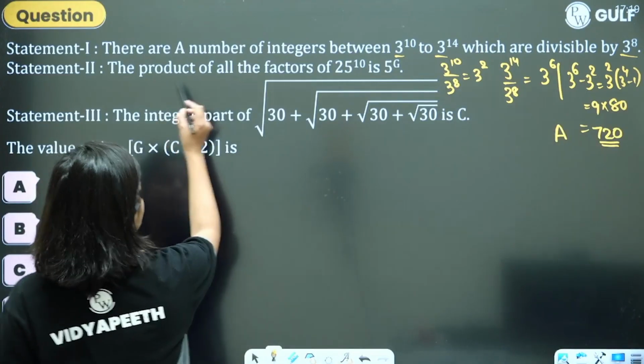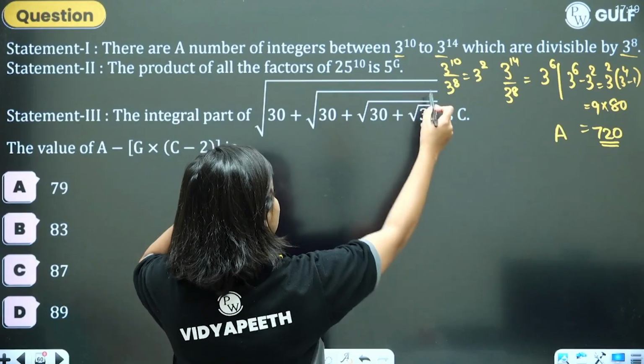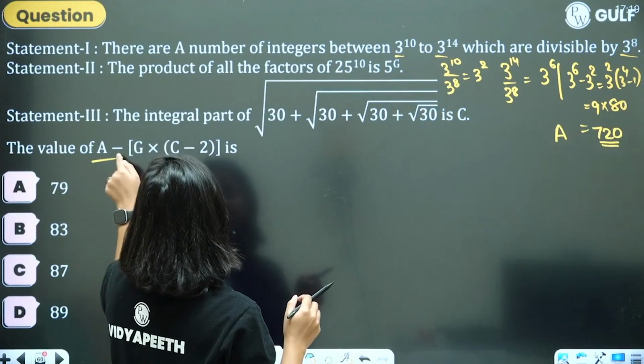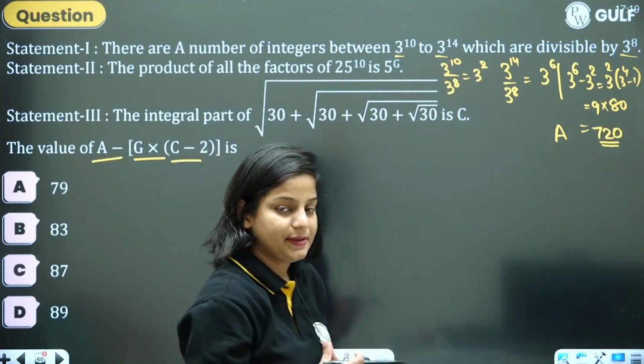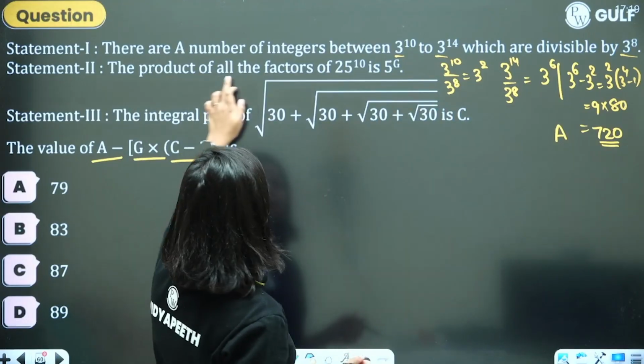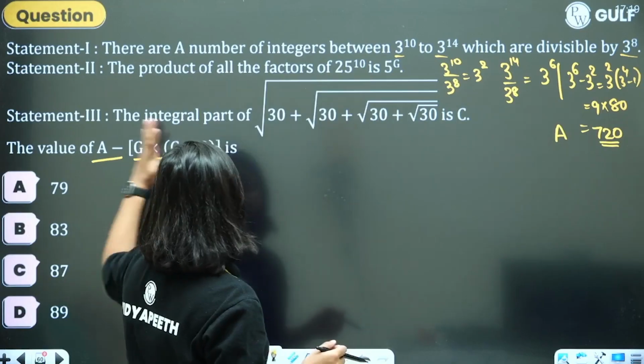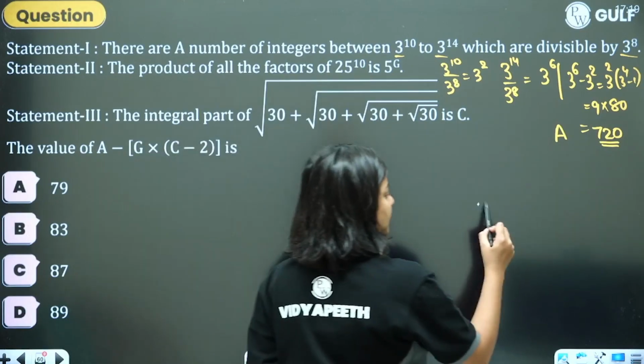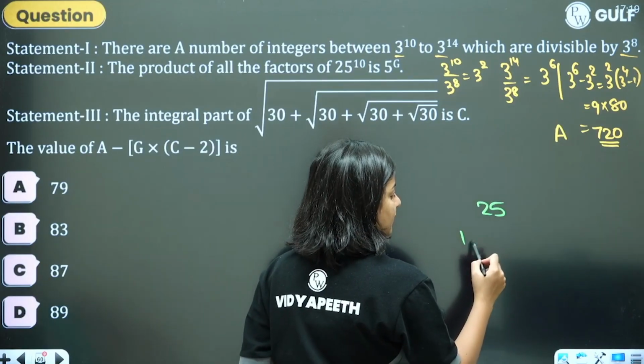Second one, the product of all factors of 25 raised to 10 is 5 raised to G. What is the value of G? You need to find the value of A, G and C. So the product of all the factors of 25 raised to 10. Try and understand this one. For example, the factors of 25 are 1, 5 and 25.